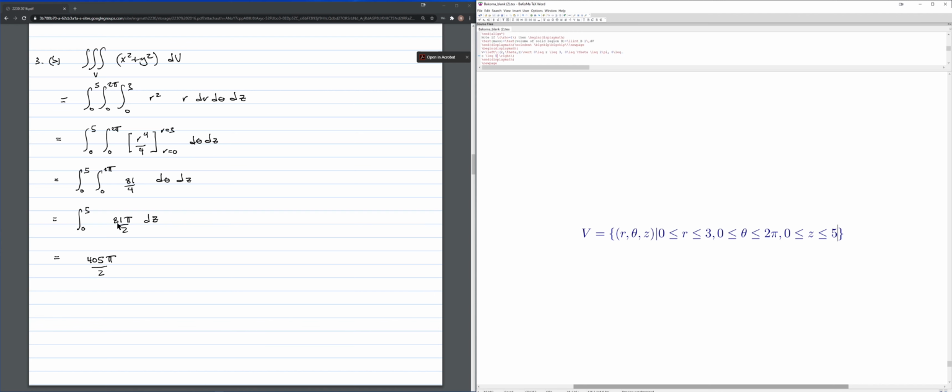I get 81 times 5, which is 405, times pi divided by 2, which is the answer. There are some details missing in this, but you can always work it out and fill them in.